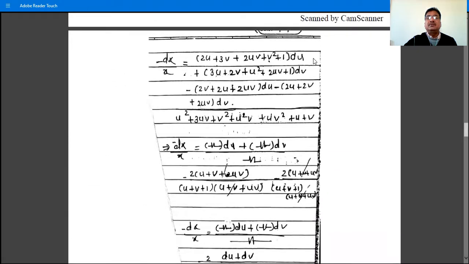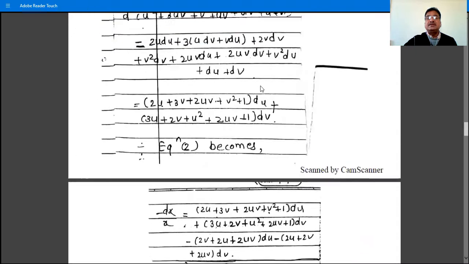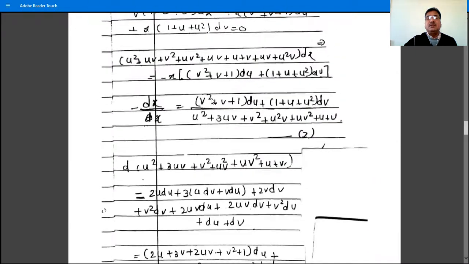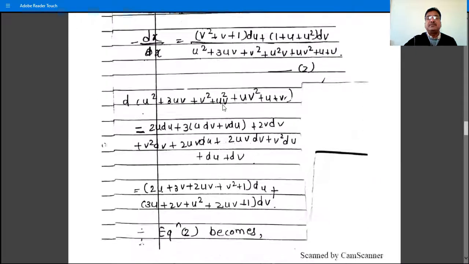So to balance the sides, what do we have? Minus 2v plus 2u plus 2uv du. So if you add this term and this term, then we have this answer, u square plus v plus 1.